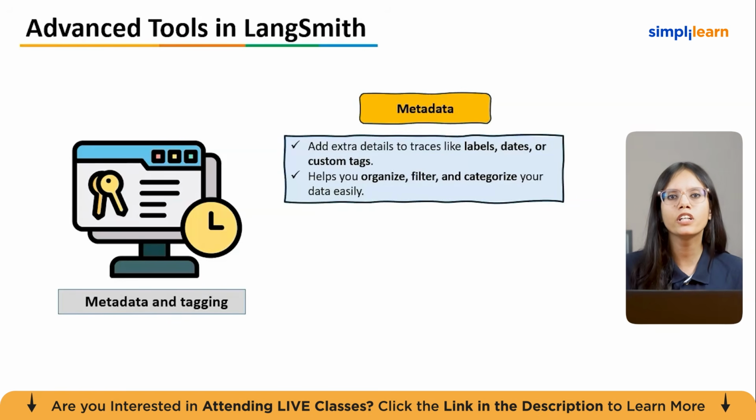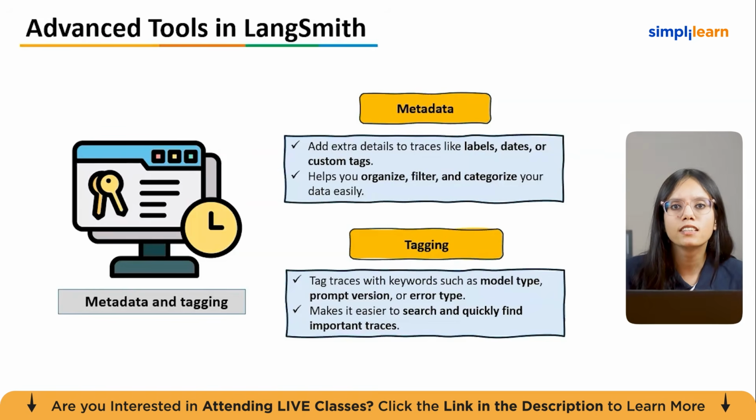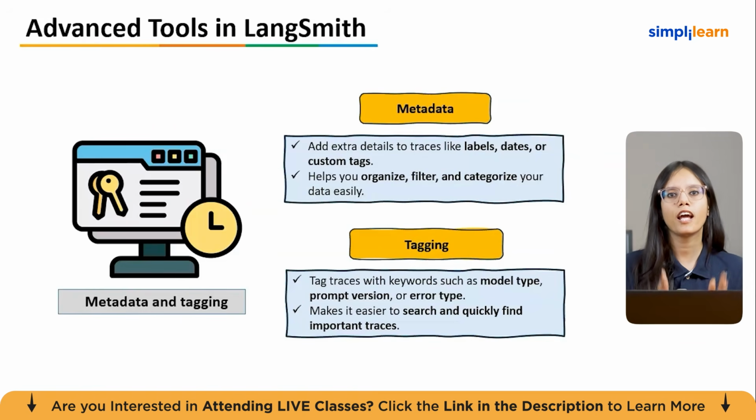This makes it much easier to find specific traces when you need them. You can also tag your traces with keywords that are relevant to your projects. For example, you might tag traces by model type, prompt version, or error type.